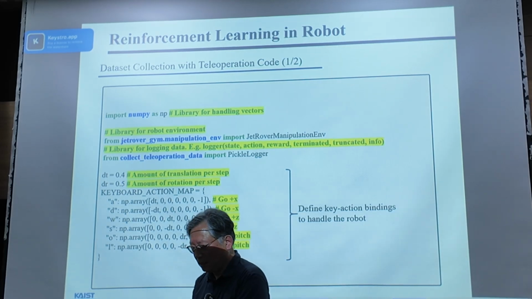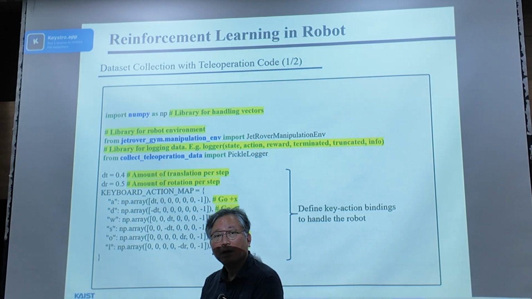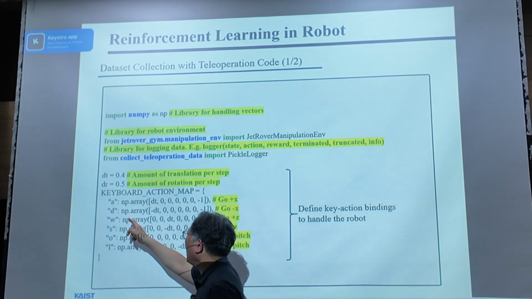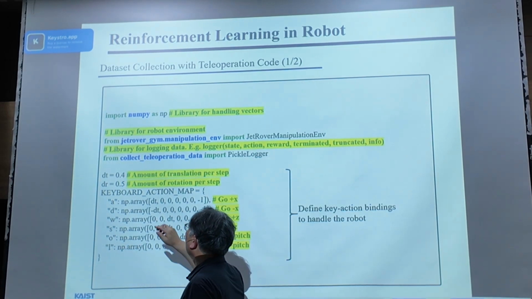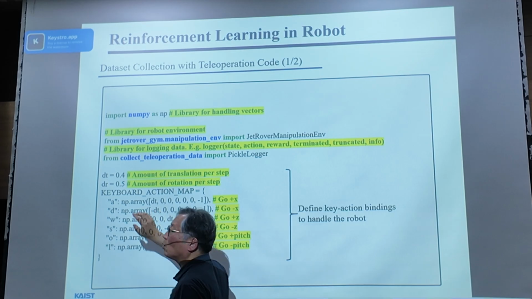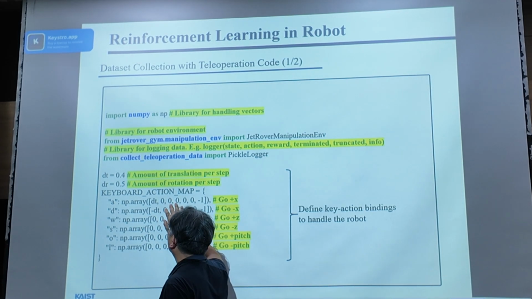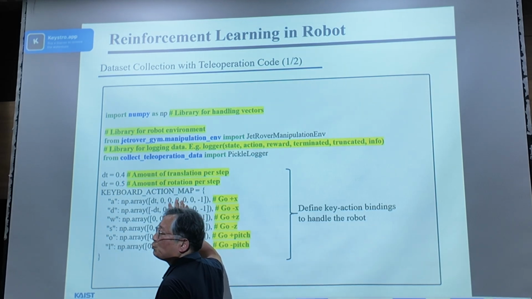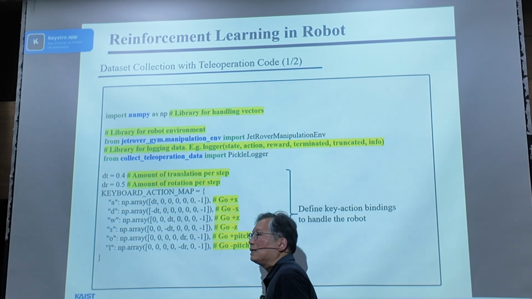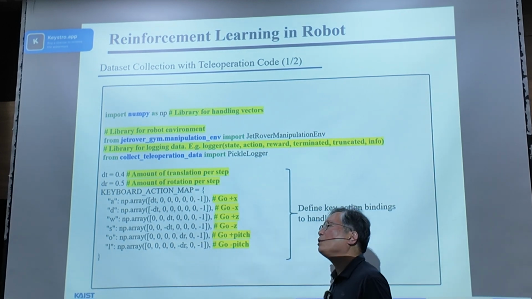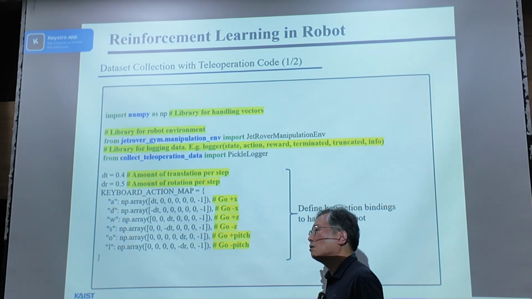In the joystick, there's A, D, W, S, and O, and L. It's already going to be predefined X, Y, Z coordinates, and also there's the pitch, yaw, and the roll. All of that will be defined in some way. It will be predefined for you. You may want to go and change it.